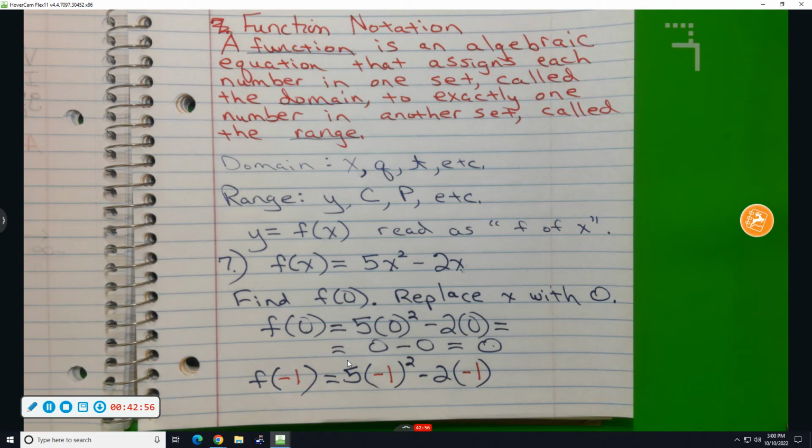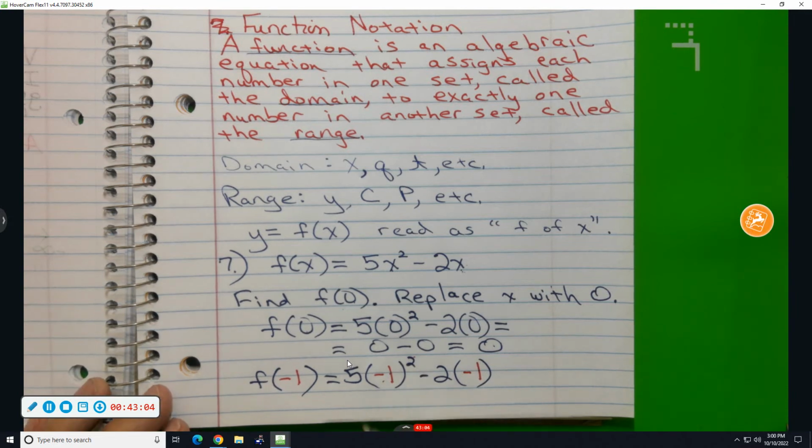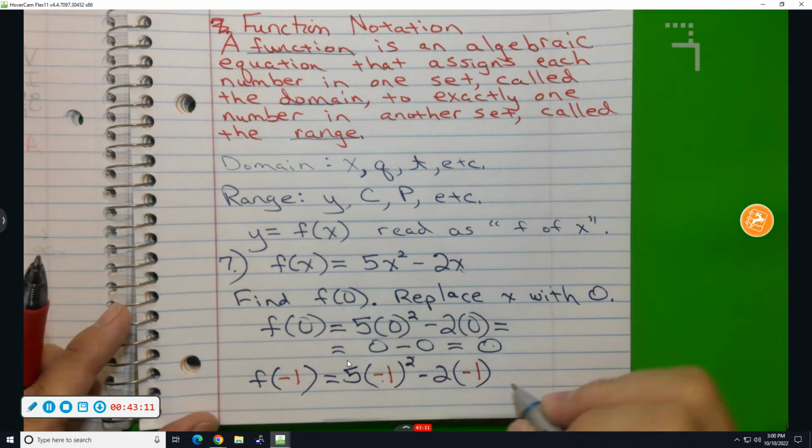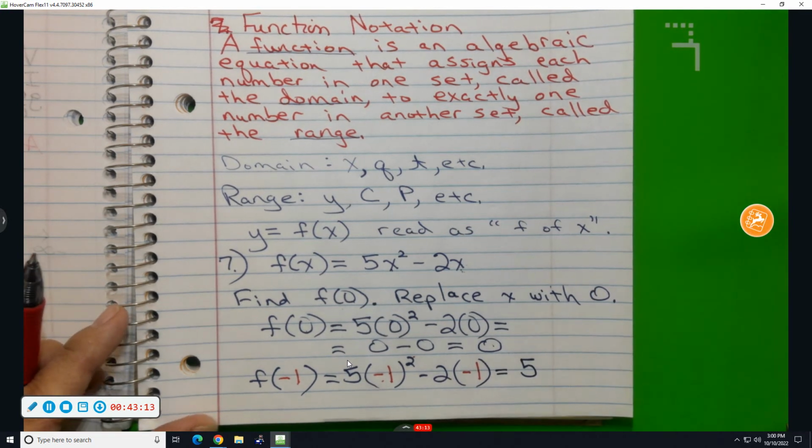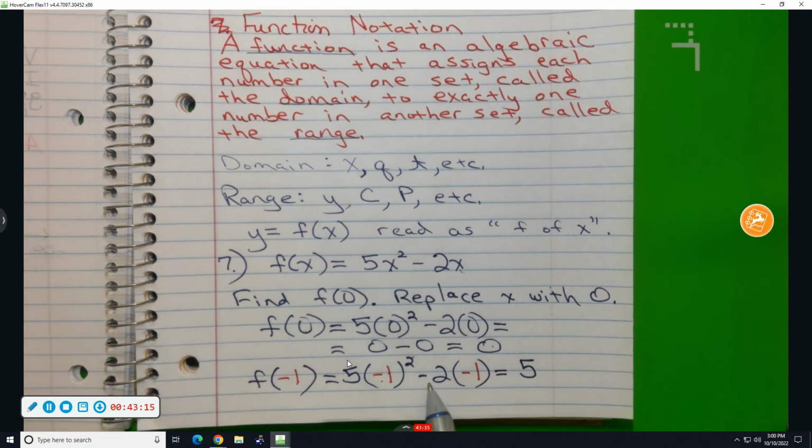And once again, don't forget your order of operations. What are we going to do first? Negative 1 times negative 1 is positive 1, times 5 gives me a 5. What about the minus 2 times a negative 1?